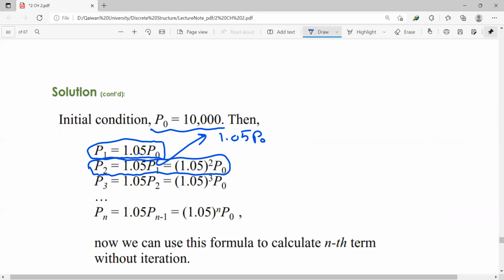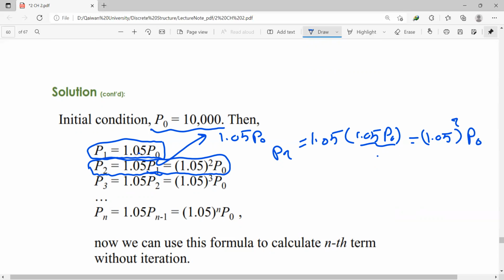If you replace P1 by 1.05 times P0, we get 1.05 times 1.05 P0. This is P2, this is P1. So P2 is 1.05 P1, but P1 is 1.05 P0. Now 1.05 times 1.05 is 1.05 squared P0.